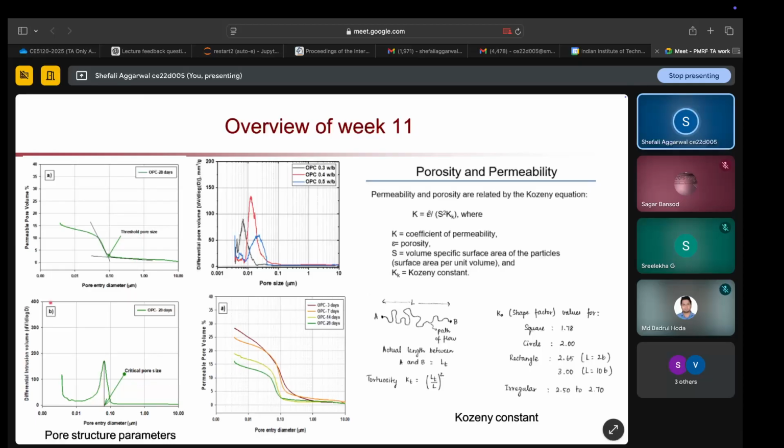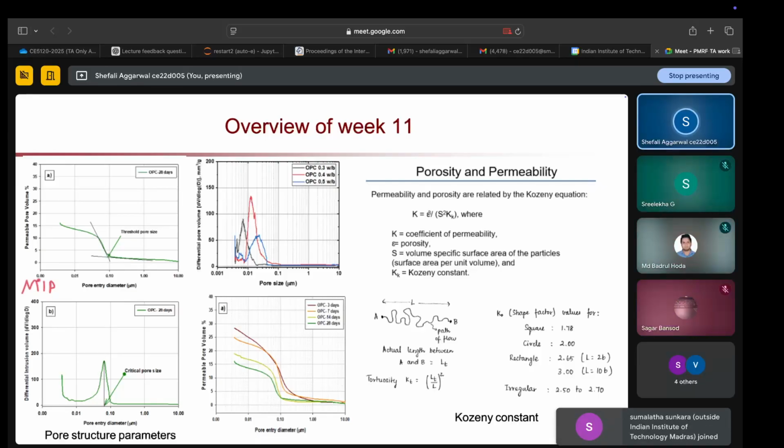Mainly these two are calculated using the MIP test or TGA. In MIP, which is mercury intrusion porosimetry, you are inducing mercury with pressure into your concrete system, and you will calculate the permeable pore volume percentage.